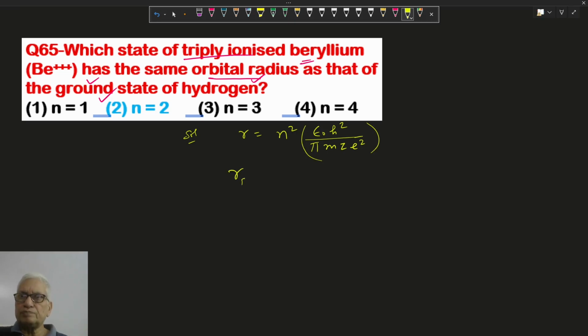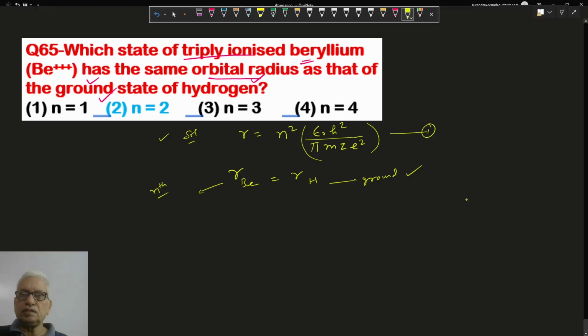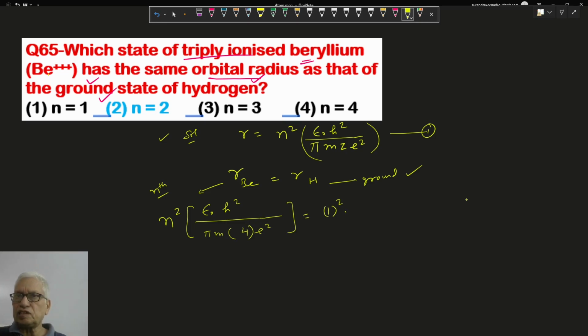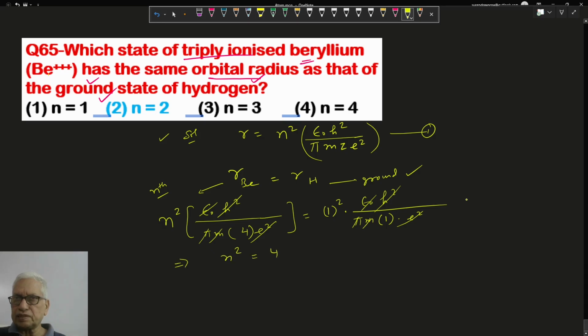So for the radius of beryllium and the radius of the hydrogen atom in the first orbit, ground state, putting the values: for beryllium n square, we do not know, epsilon naught h square divided by pi m, and Z for beryllium is 4. For hydrogen, n is 1 ground state, epsilon naught h square divided by pi m, Z for hydrogen is 1. So everything cancels out here. n square is equal to, after cross multiplication, 4, so n is equal to 2. So option 2 is correct.